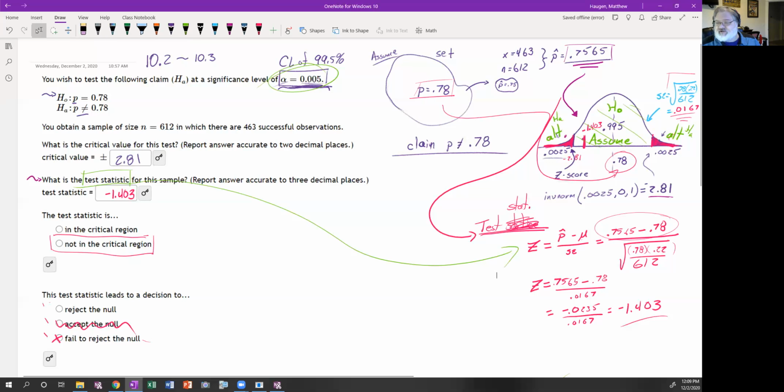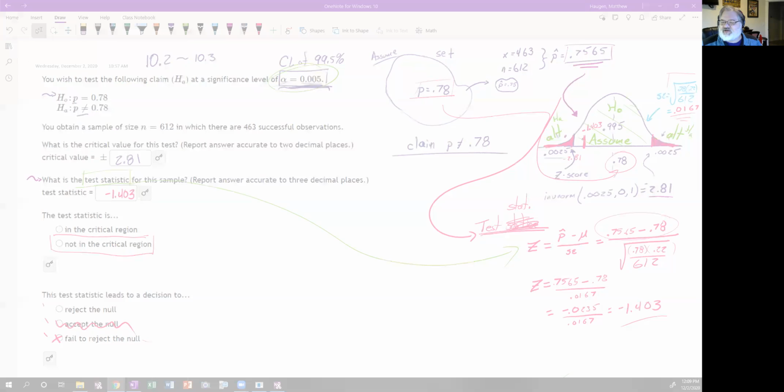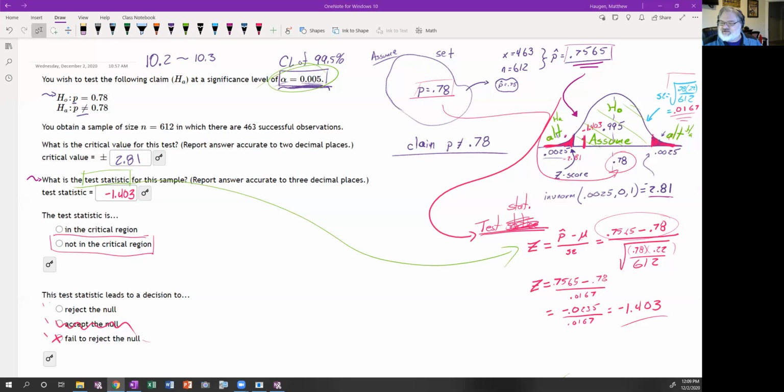But then we get p-value questions, and the language changes a bit. The process we're going to use changes a bit, but I want to show you that it really is asking the same exact type of question, just in a slightly different way.